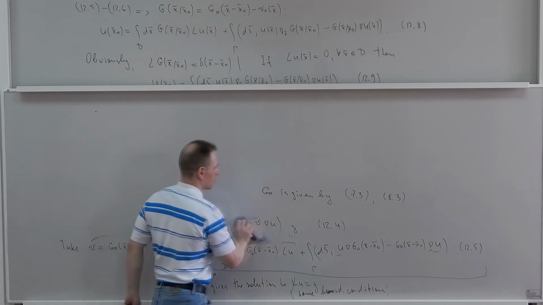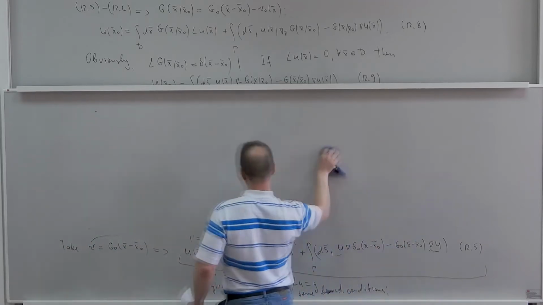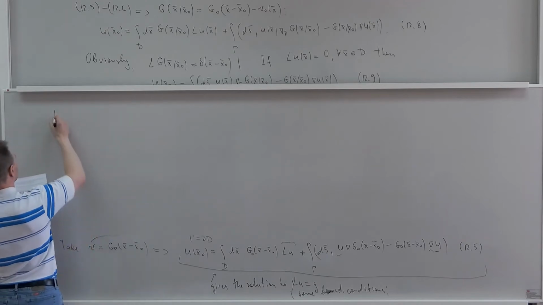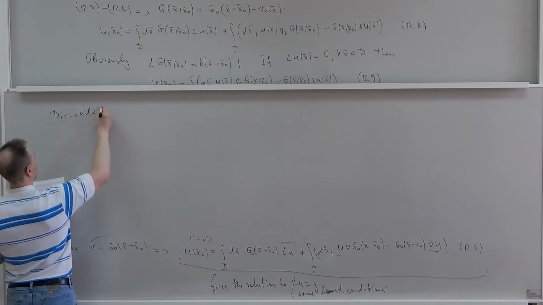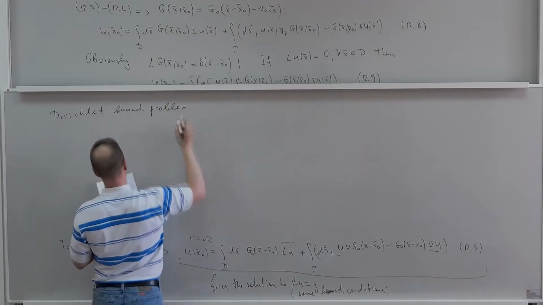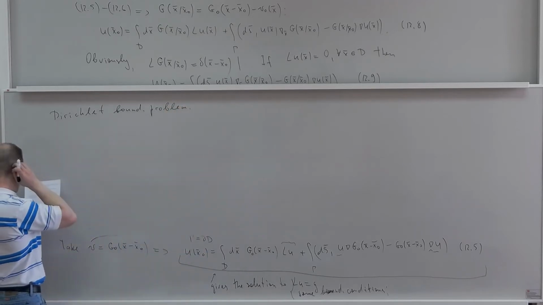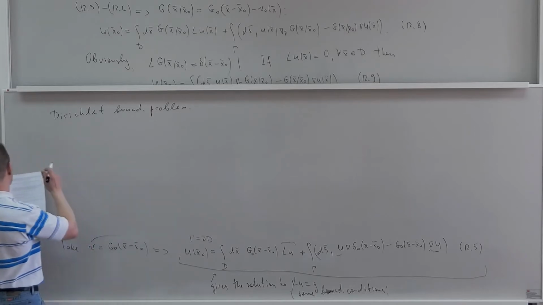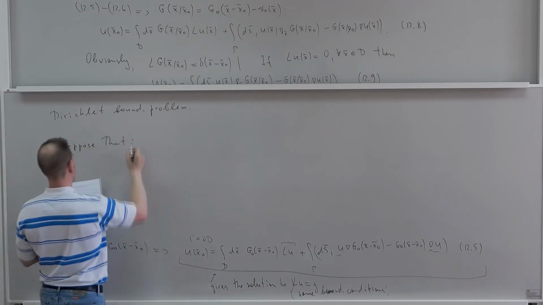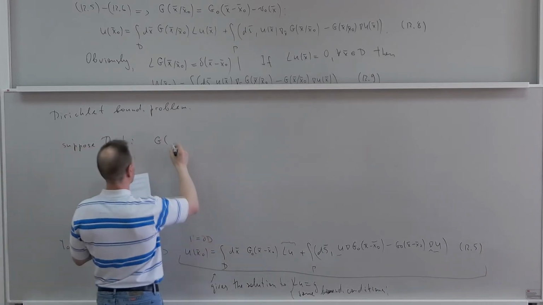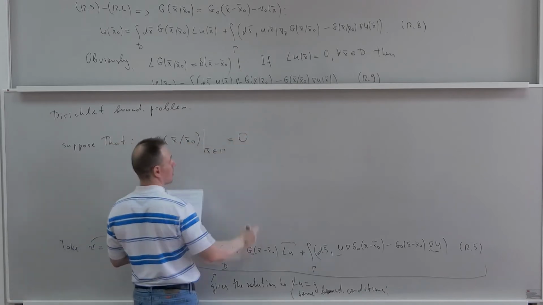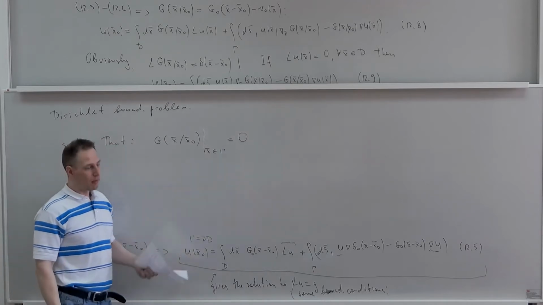So let us start with the Dirichlet boundary problem. Let us suppose that the function G satisfies the following boundary condition, that is, on the boundary gamma, it is equal to 0.